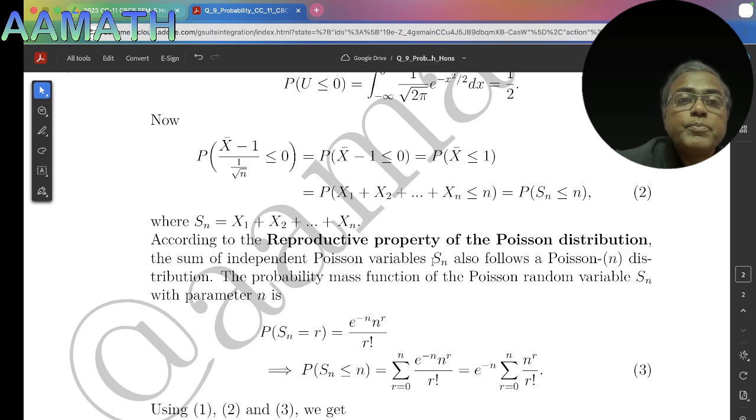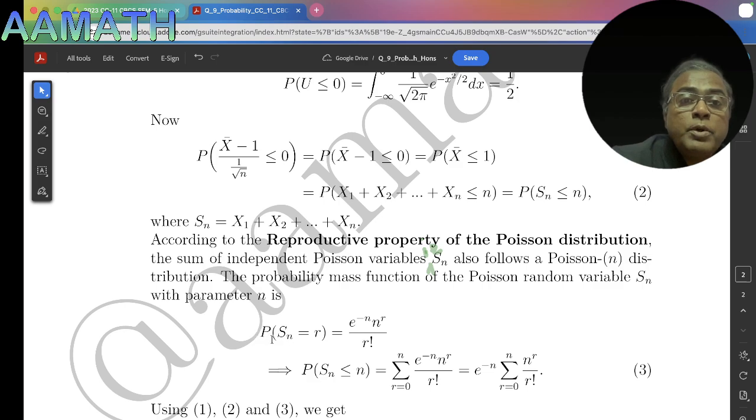So Sn follows the Poisson distribution with parameter n. So the probability of Sn equal to r, for any particular value of r for a discrete random variable, is e to the power minus n, n to the power r by r factorial, by the Poisson n distribution.